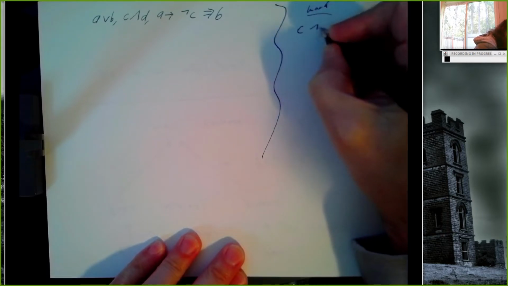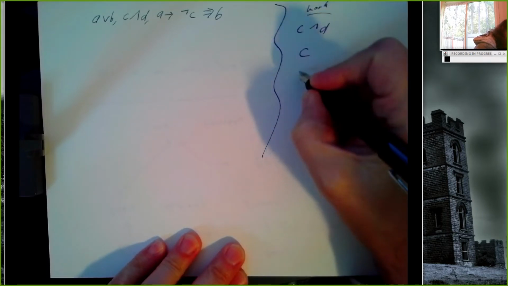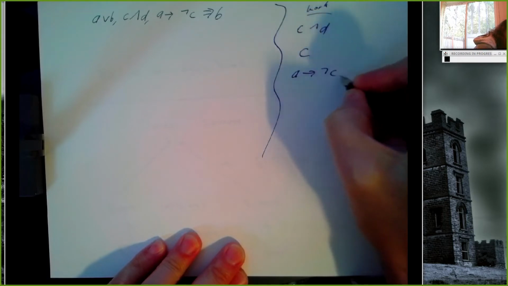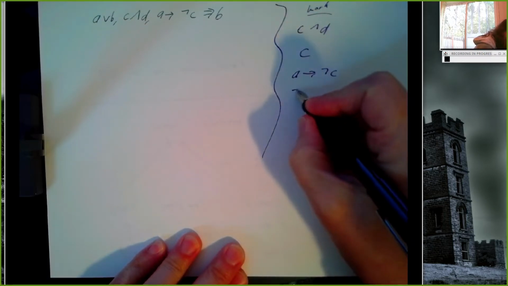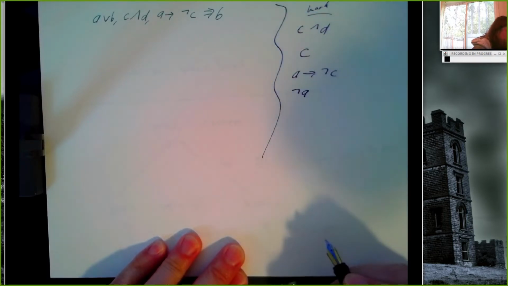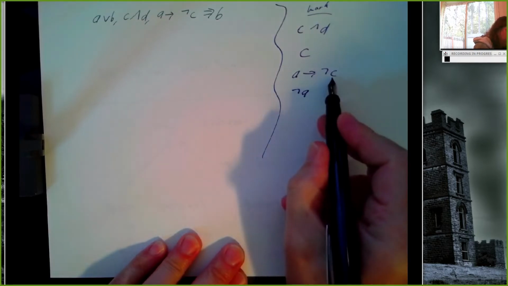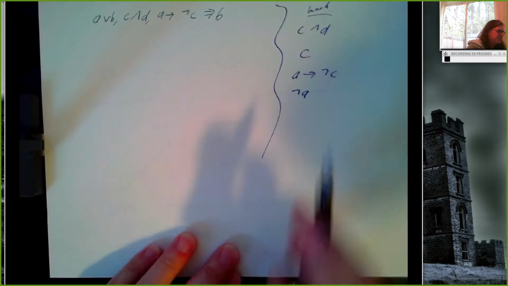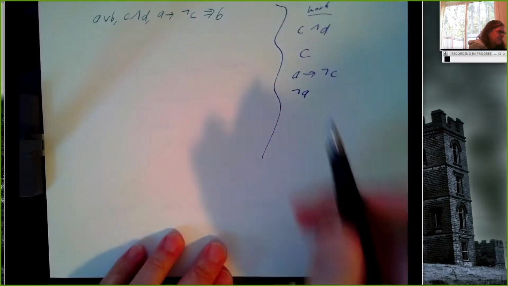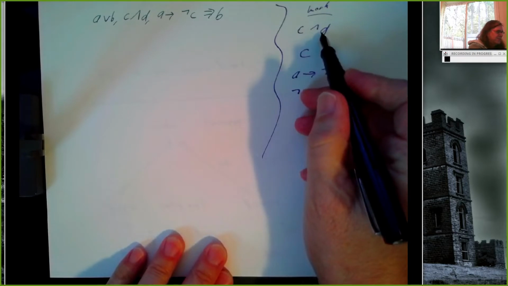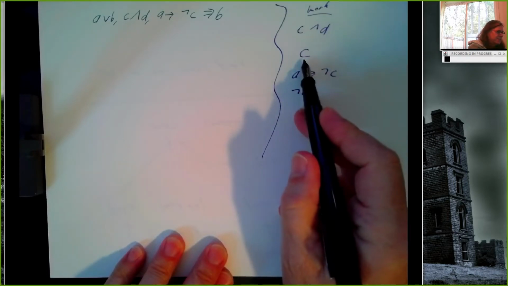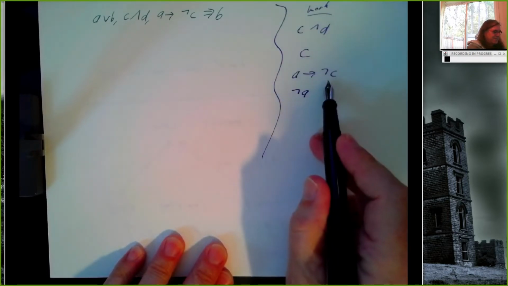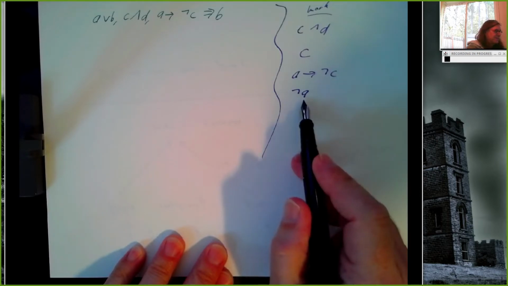If we can go from C and D to C, and we know A implies not C, that's enough to tell us that A can't be true. Because if A were true, not C would have to be true. And we know that C is actually true, which means the negation of C is false. So from here, if we do conjunctive simplification, we can get to C. And if we use that and this together with contrapositive, that'll get us not A.